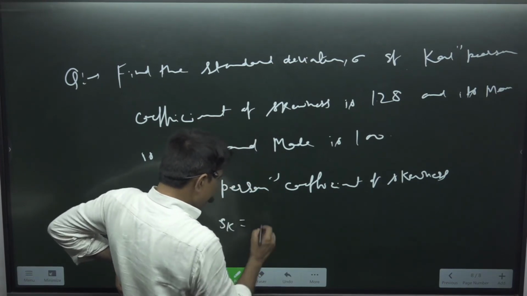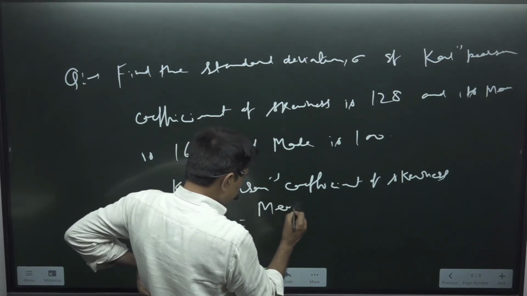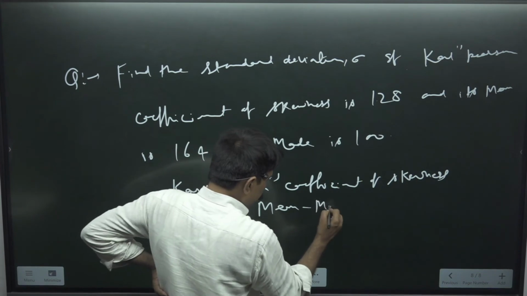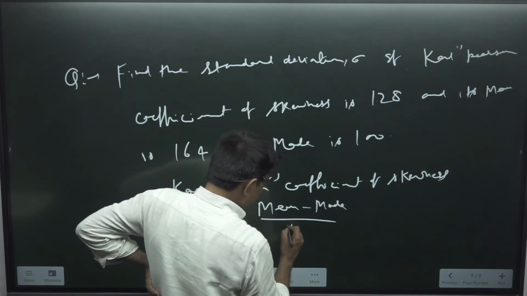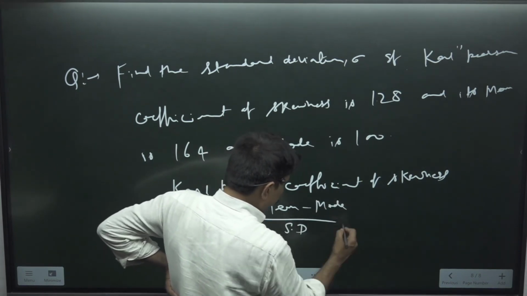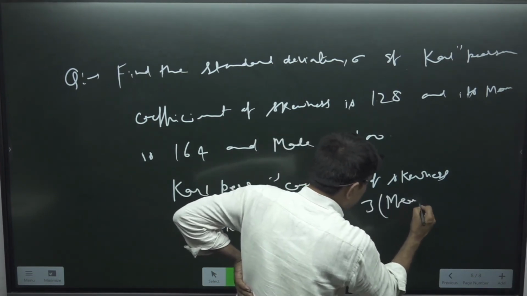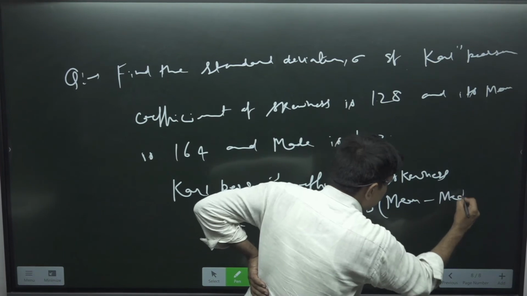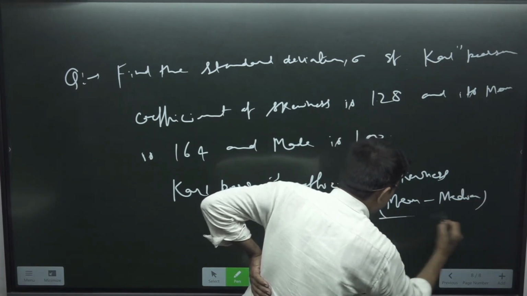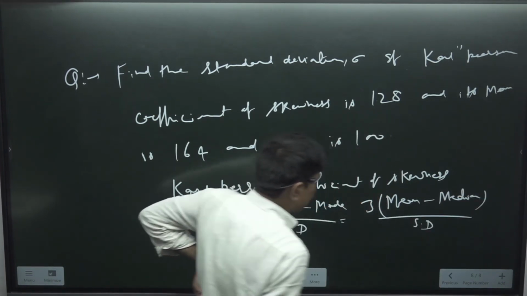Mean minus mode divided by standard deviation. दूसरा क्या था, 3 times of mean minus median divided by standard deviation. These two formulas.